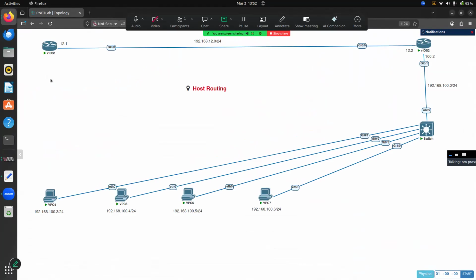Suppose this is a network address. This is not visible. Wait, it's coming. So this is a network address, and this is also a network address.